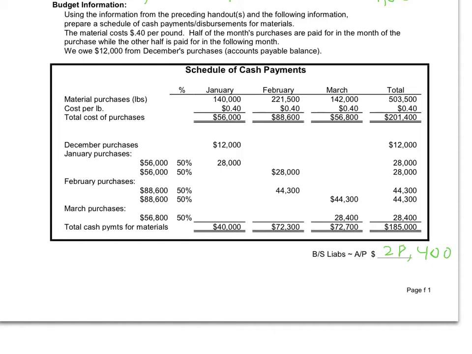So then what you would do is total these across, add them all across, and then add them all down. This is a case where your total column, you can add everything across, and it's going to come out to be $185,000.